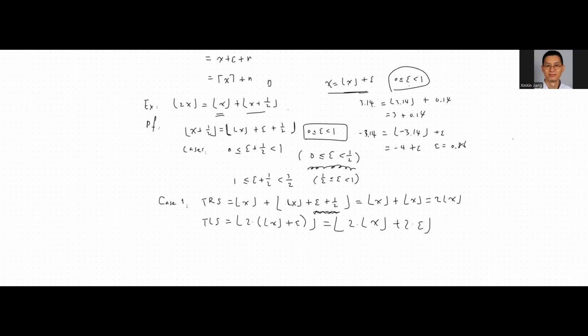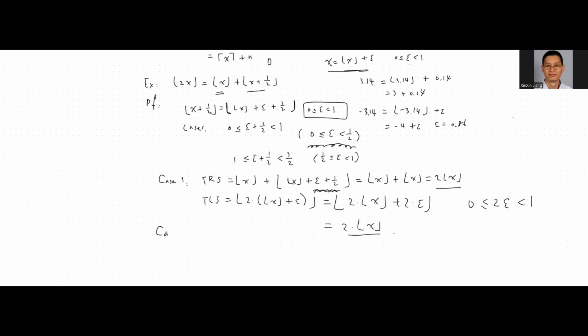So 2 times epsilon is greater than or equal to 0, strictly less than 1. So I can get rid of it in the floor. I get 2 times the floor of x. We're done, because these two are the same. So we proved the equation for this case.